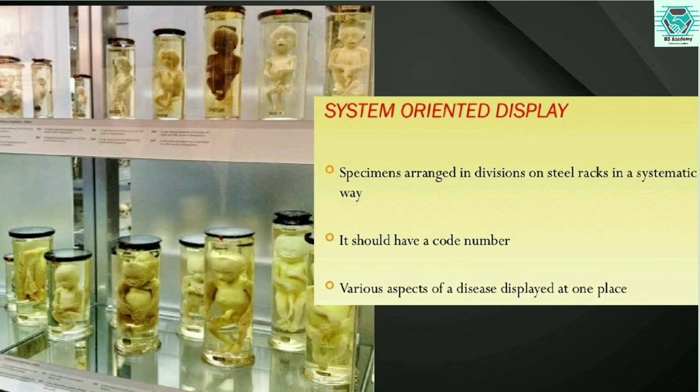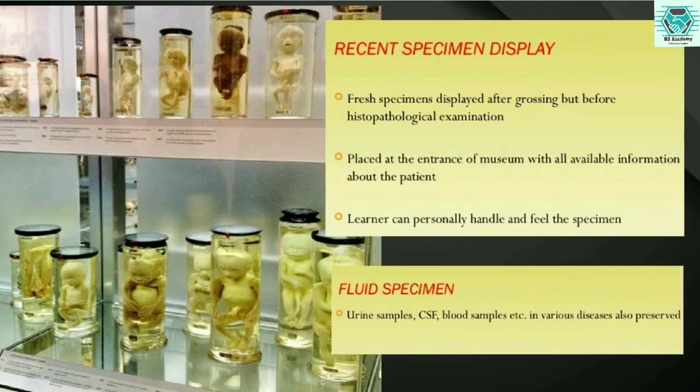Fresh specimens displayed after grossing are placed at the entrance of the museum with all available information about the patient. And also, the learner can personally handle and feel the specimen. So this is about the recent specimen, and some specimens are fluid in nature, like urine samples, CSF, and blood samples. These are also displayed in the museum.